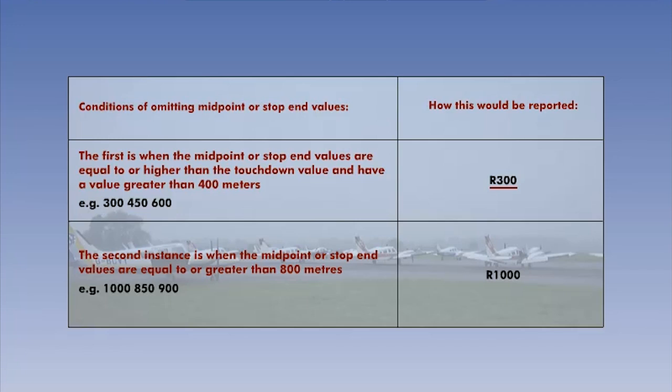The second instance is when the midpoint or stop-end values are equal to or greater than 800 metres. For example, 1,000, 850 and 900 would be reported as R1000.